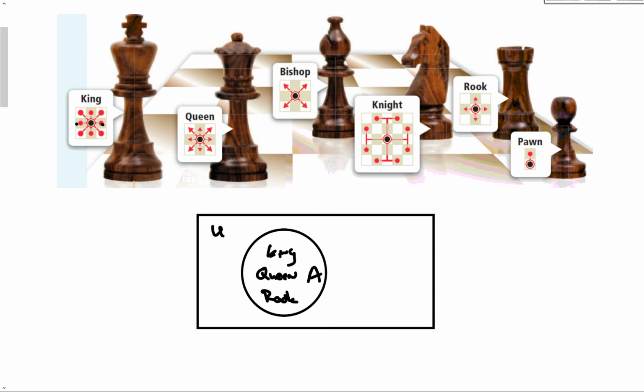Which leaves the bishop, the knight, and the pawn not inside the set. So that means A prime, A complement, is going to be bishop, knight, pawn.